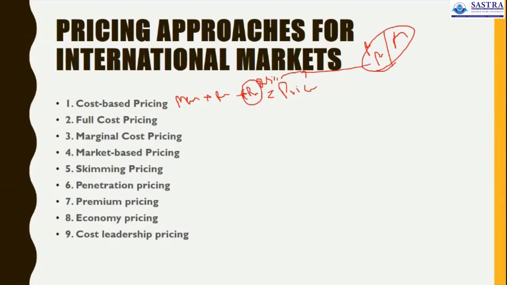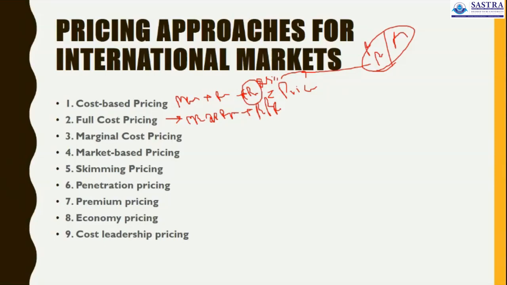So what the organization is doing is going for a full cost pricing model. Along with the manufacturing expenses, they will be adding the distribution expenses, the promotional expenses, and the exchange rate fluctuations.